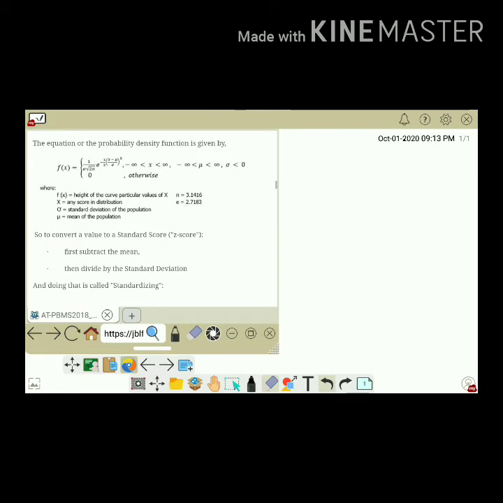Okay, so for standard score, remember always that you can transform, or the proper term for that is standardizing, from your normal curve. Usually when we say normal curve or normal distribution, the values used are your x values to represent your normal curve.